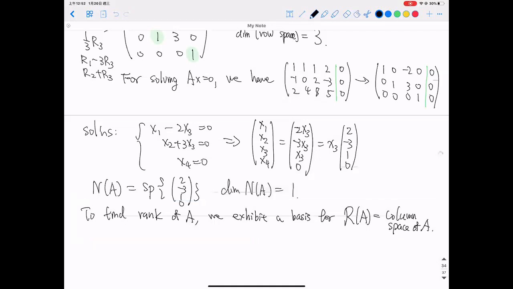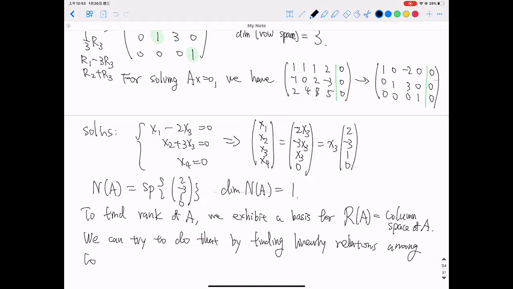And we've seen several ways of exhibiting a basis for, say, the column space. Namely, we can try to do that by finding linear relations among column vectors.